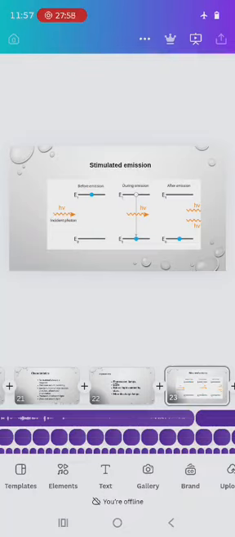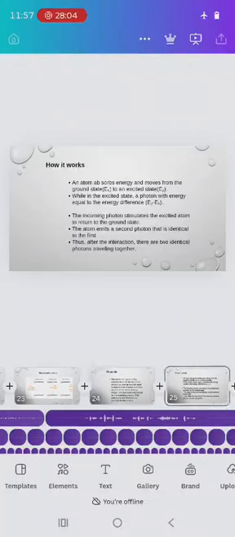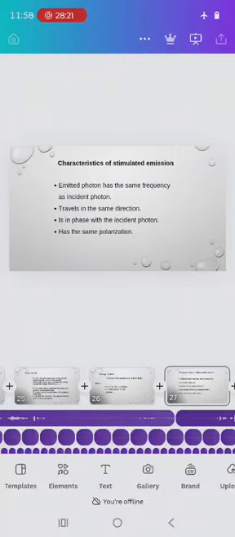This is the principle of how it works. The energy relation is E equals h nu equals E2 minus E1, where h is the Planck constant and nu is the frequency of the photon.